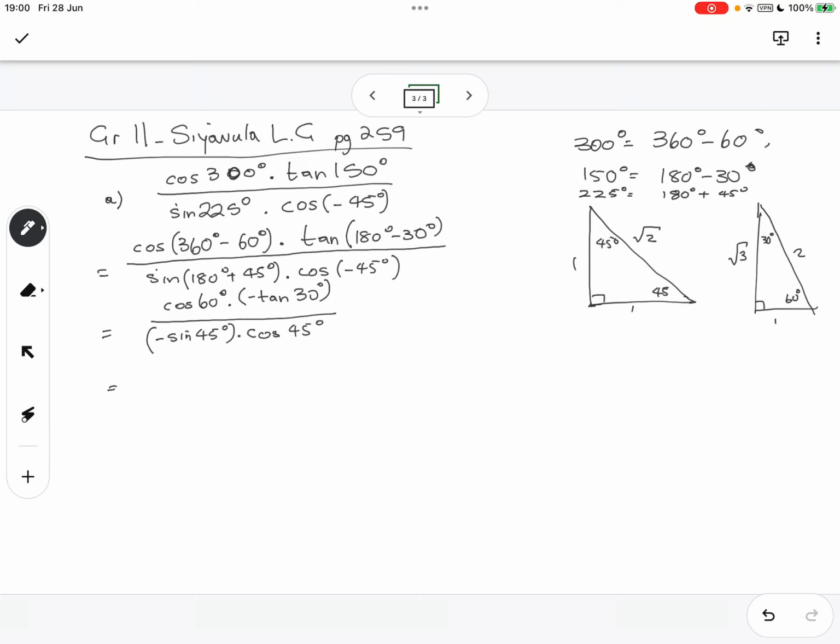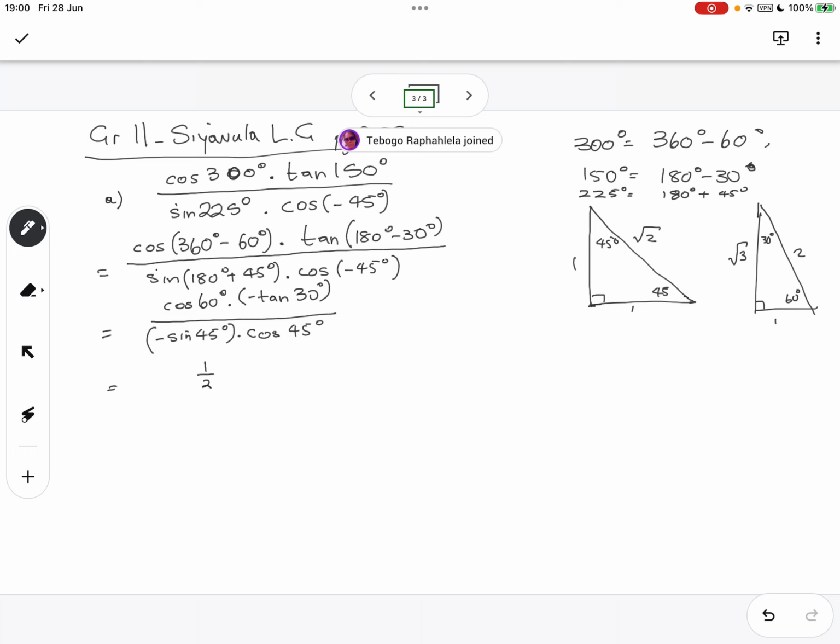Now, to further simplify, we can refer to our special triangles. In our special triangles, we will have cos of 60. So for the 60-degree angle triangle, the cos of 60 will be adjacent over hypotenuse, which is 1 divided by 2.